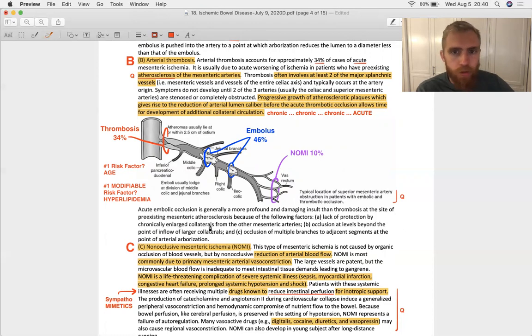Arterial thrombosis typically happens due to atherosclerosis, and it likes to pop up right at the entryway to these large arteries branching off the aorta. So the celiac, the SMA, the IMA, they can all get atherosclerosis.